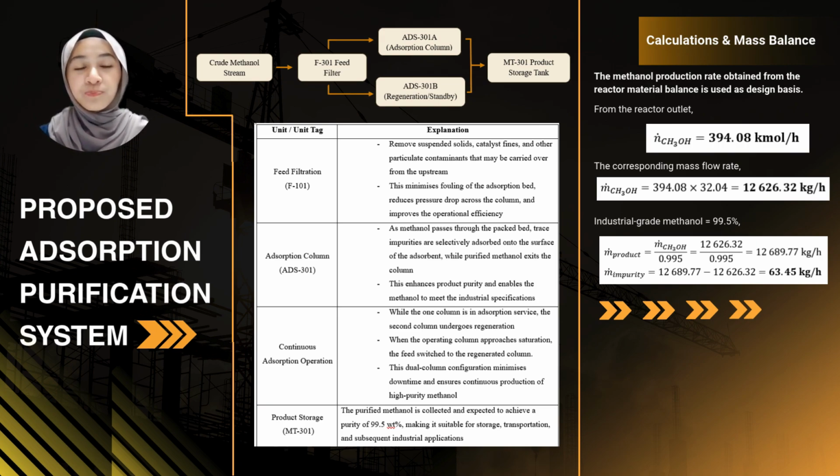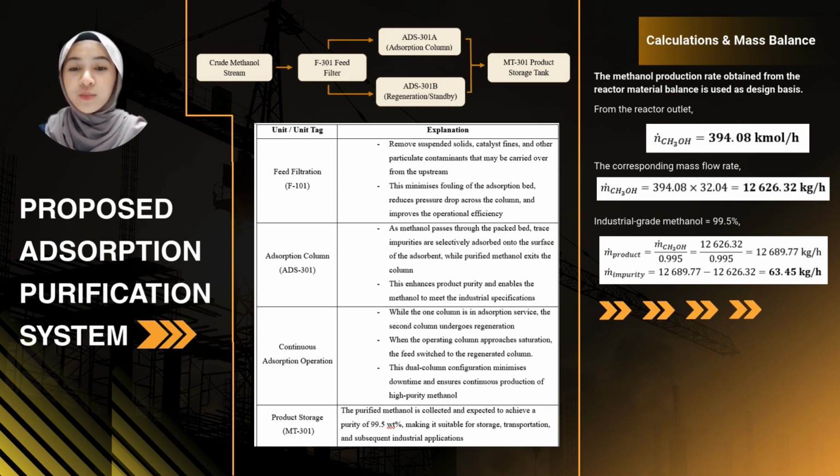While one column operates in adsorption mode, the second column undergoes regeneration. The columns alternate operation so that purification continues without interrupting the process. Finally, the purified methanol is collected in the storage tank where it meets the required industrial specification.